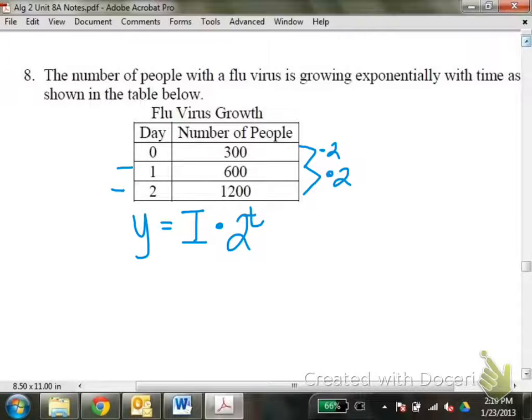We don't know how many people will end up with the virus, right? Do we know how many people started? Yeah, 300 times 2. Do we know how long we're going to be studying the population of the virus? No. So you can leave t as the variable here. That would be your formula.